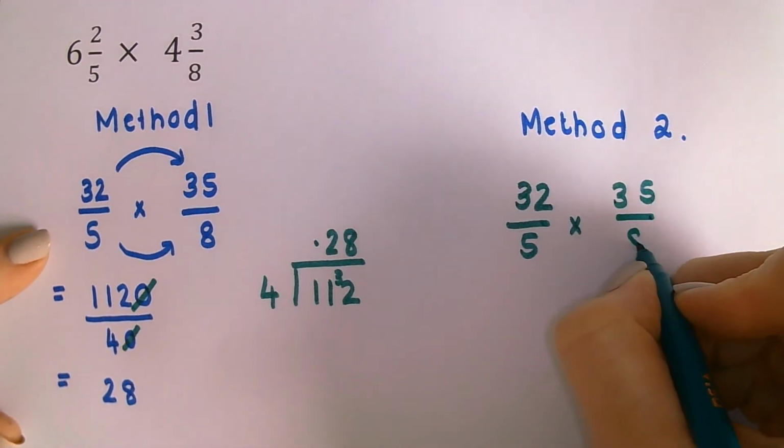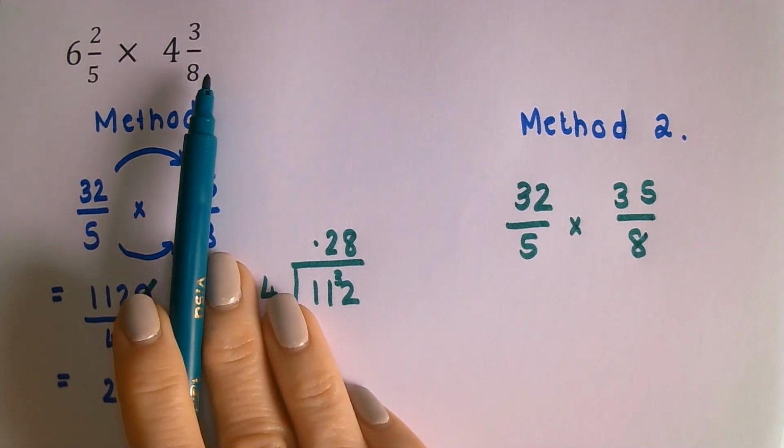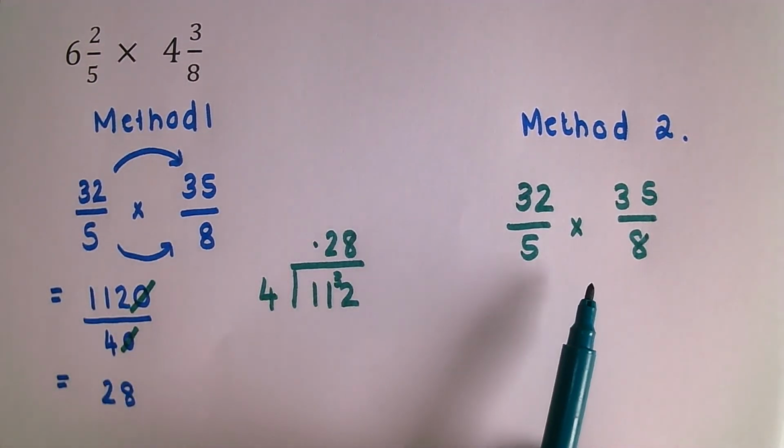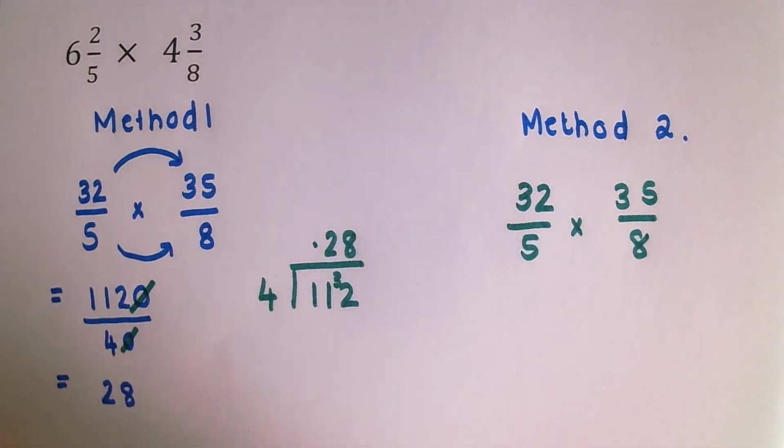Because remember, all we have to do here is convert to improper. It doesn't matter which method you use, you still have to convert into improper. But now instead of having to times top with top and bottom with bottom, we'll do that a little bit later. We're going to try and see if we can simplify this.